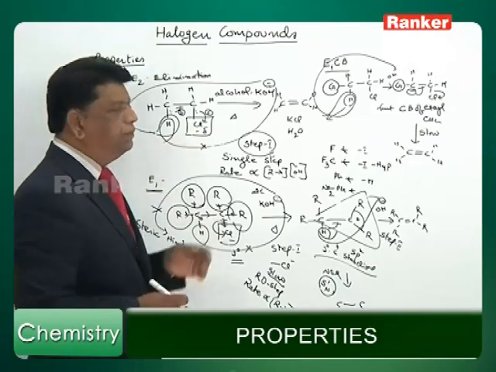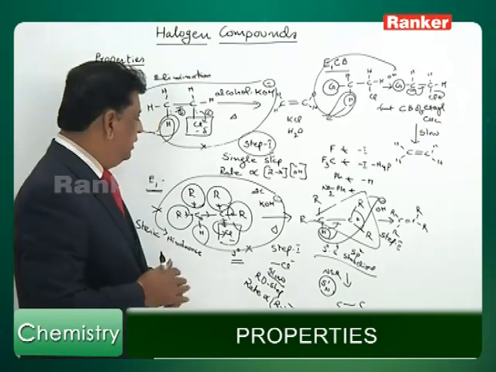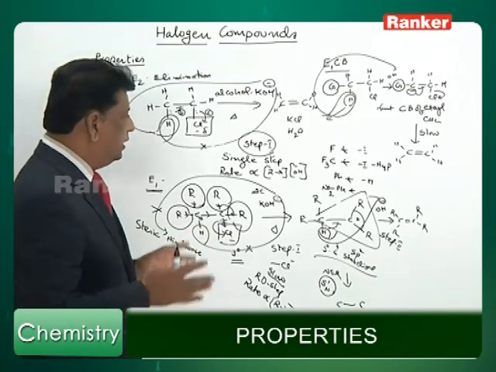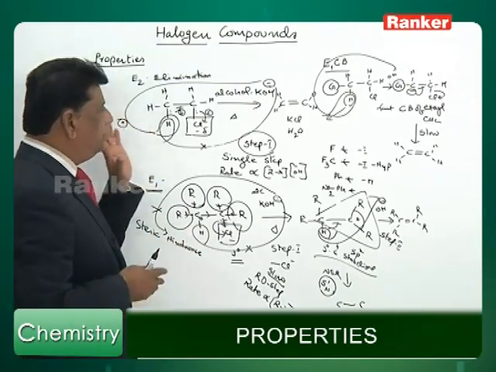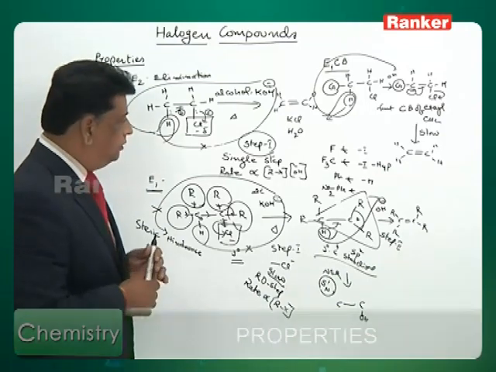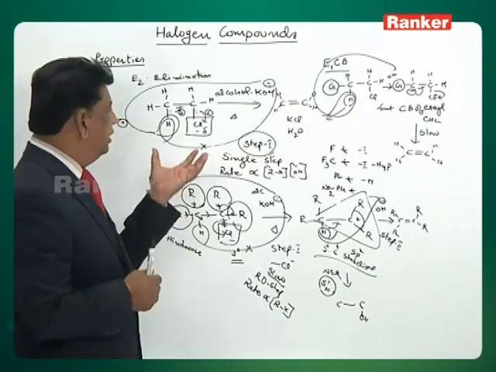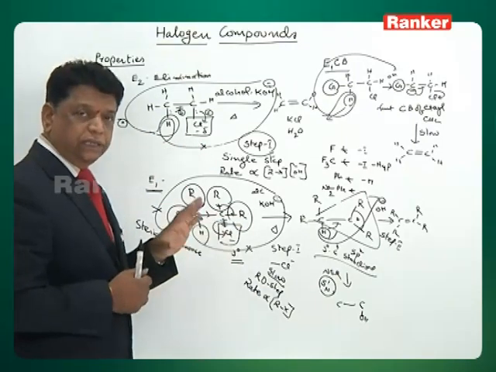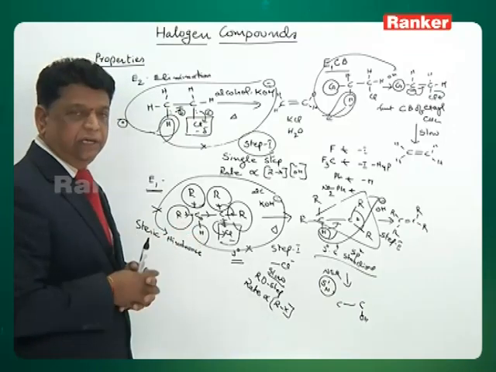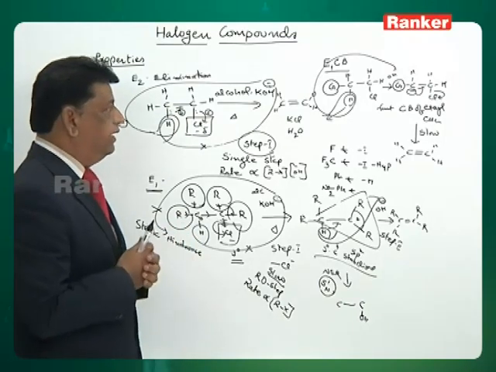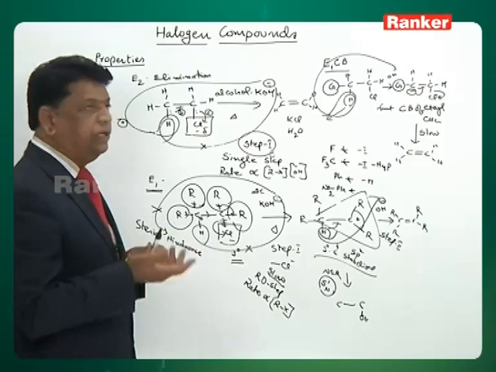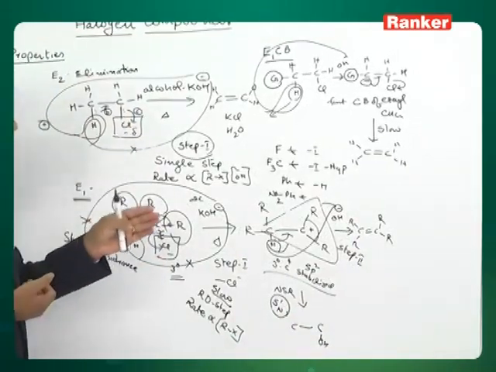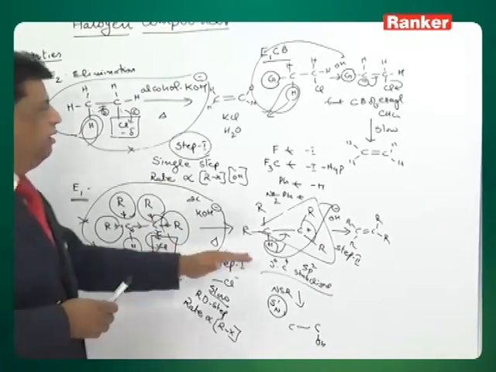So all these three types of reactions take place, but in general E2 eliminations will always be dominating as a whole. If the compound is simple, no doubt E2 elimination will take place. If the core structure, the skeleton of the compound, is changed in the final answer, then definitely we can expect a rearrangement through the carbocation.